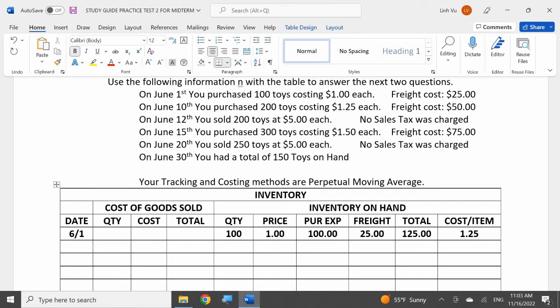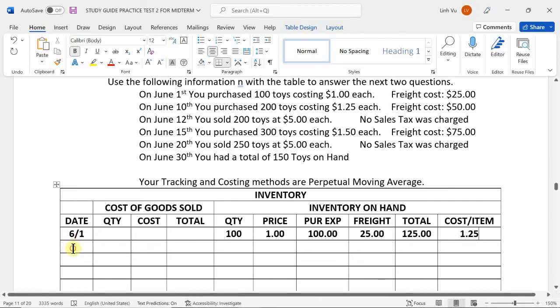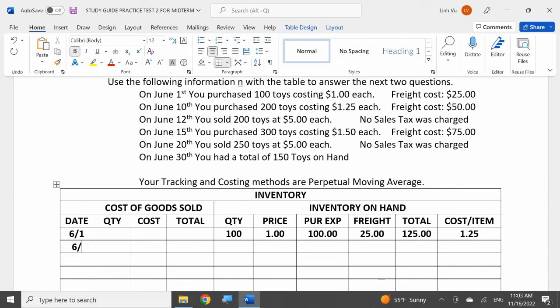Okay? But then it says here you made a purchase on June 10 for 200 units at $1.25, which gives you 250 plus 50 will give you a total of 300.